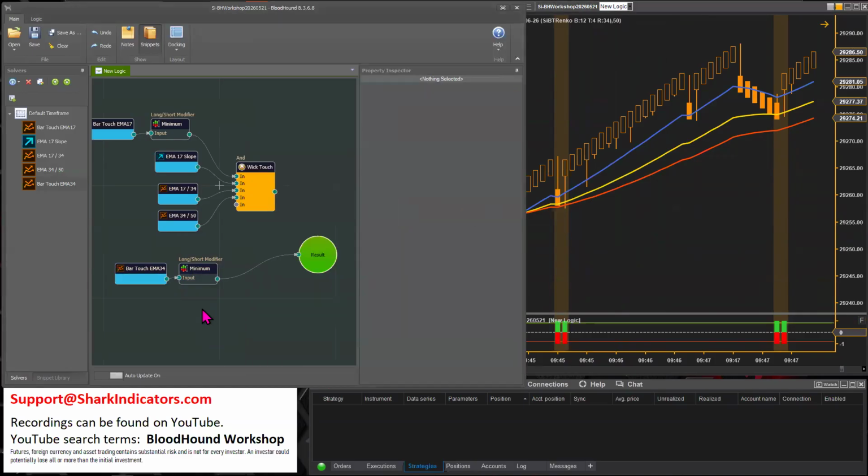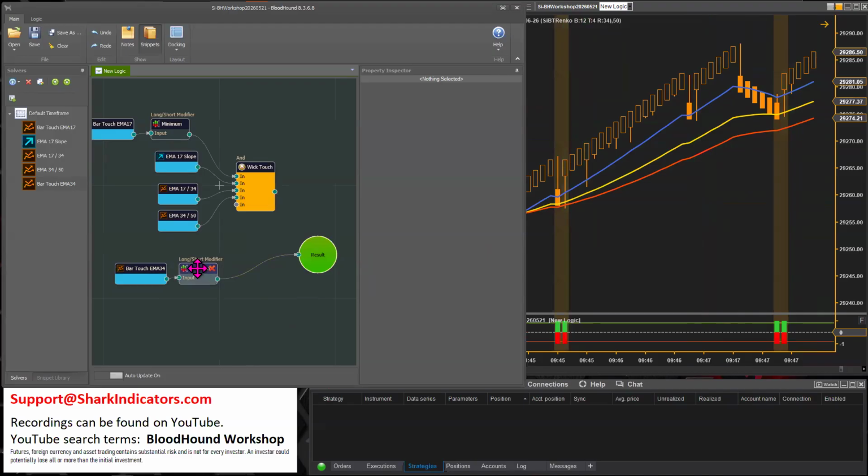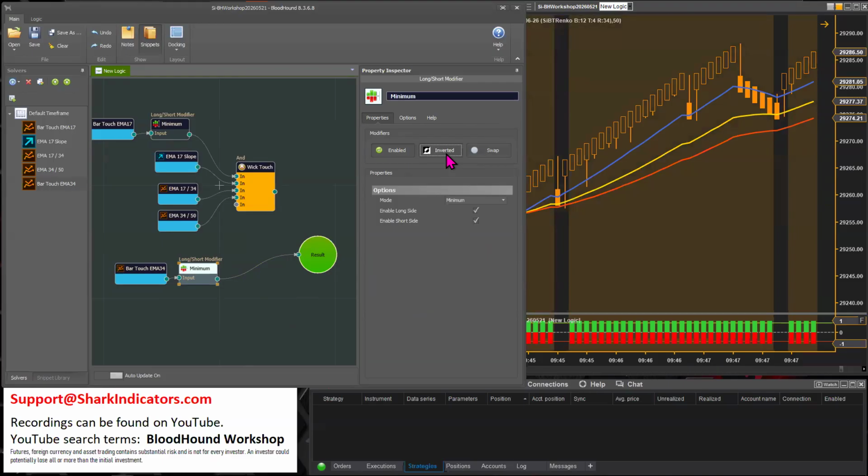Now, we actually want the opposite. Remember we said we need to remove the long output, right? So the way the AND node works, if we have no long output on this signal here, then that signal gets removed. So if we connect that in, and then what we can do is invert that like so.